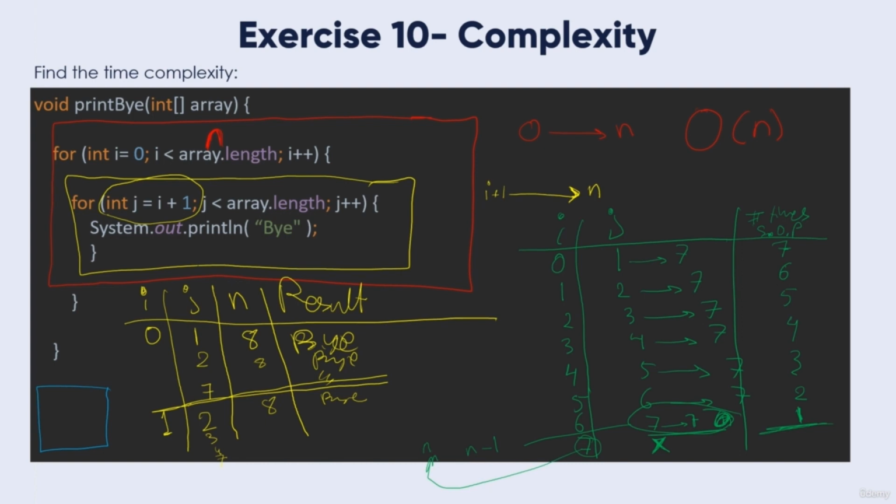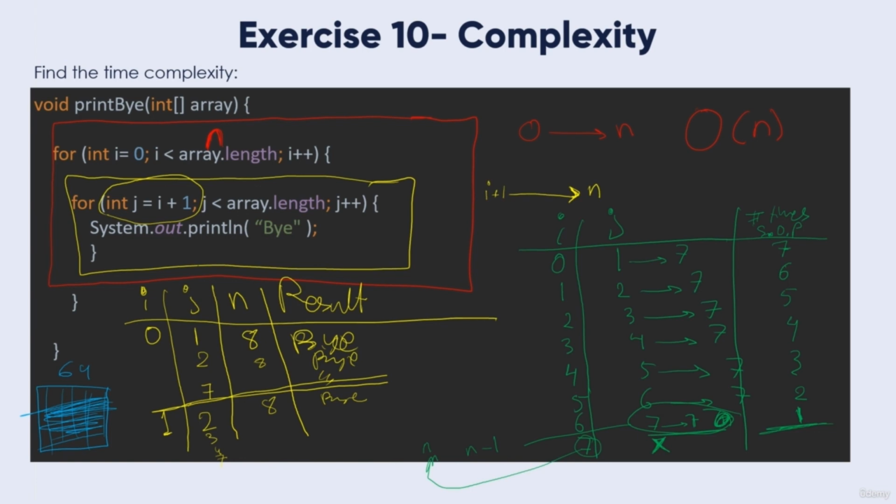If we took n equal to 8, we have 8 digits here and 8 digits here. Okay, we have 64 times. But now, in our case, we are not executing the whole thing. We are executing part of this.